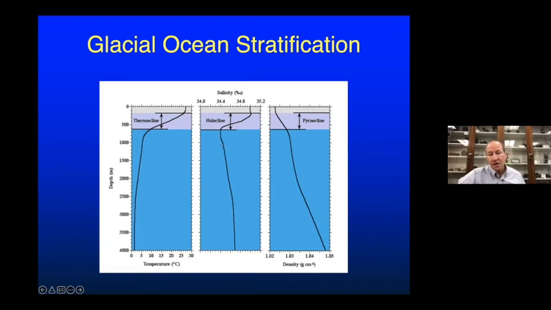And that process of biological activity, photosynthesis near the surface, respiration at depth, has come to be known as the biological pump. That does put carbon in the deep ocean, and then it comes back out.